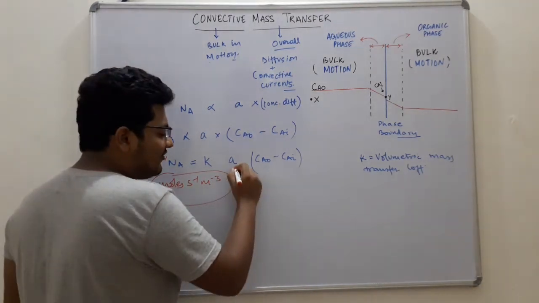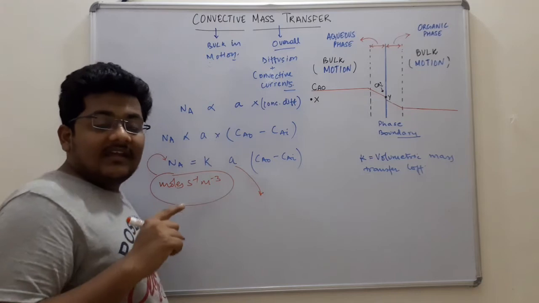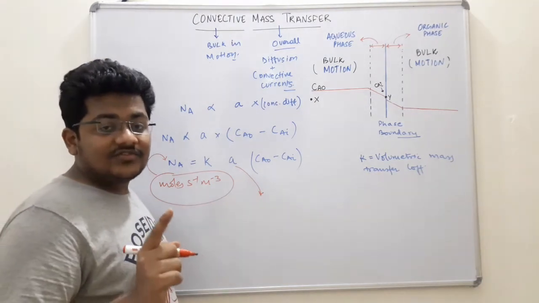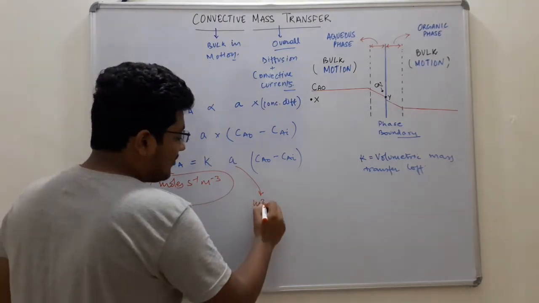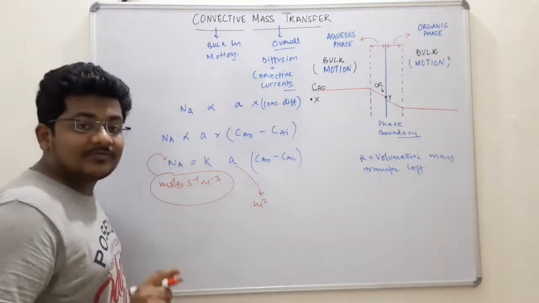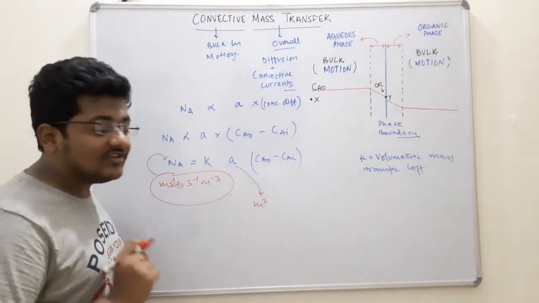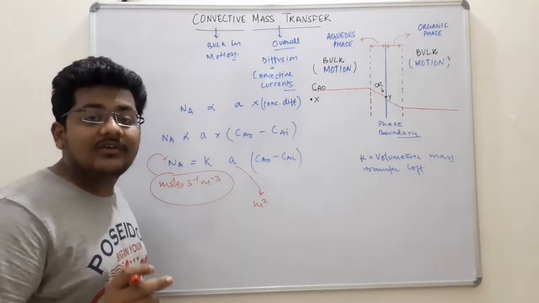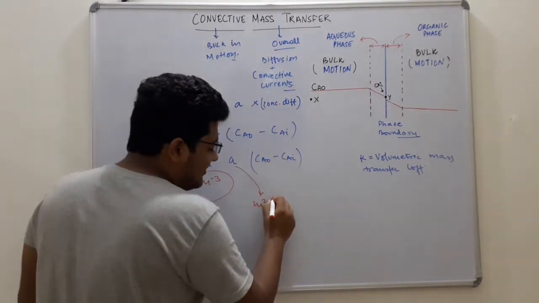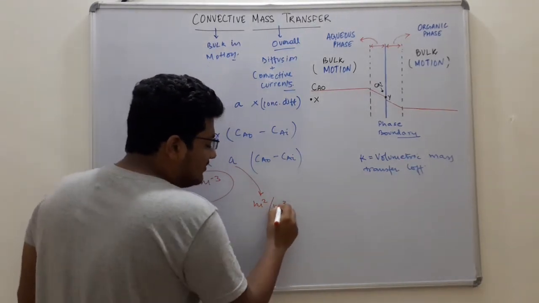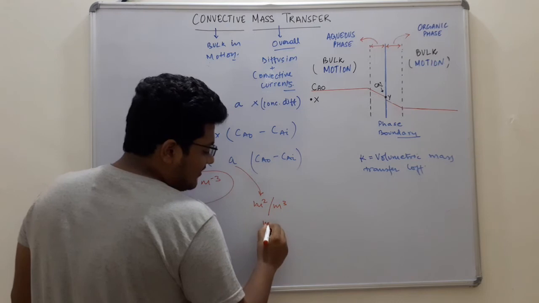And in the same way for area, in Fick's law of diffusion the unit was meter square. But in this case it is specific area or volumetric area, which means area per unit volume. So area divided by the units of volume, which gets to be per meter.